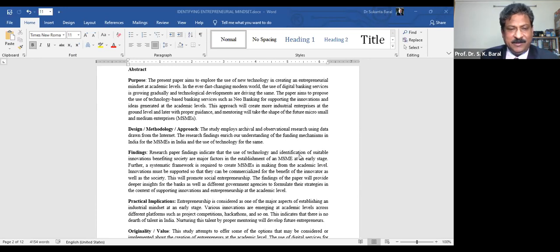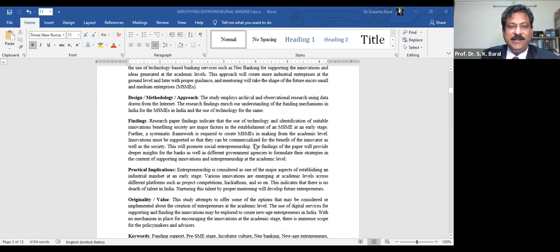And findings I have written, you see, findings. The research paper findings indicate that the use of technology and application of suitable innovation befitting society are major factors in the establishment of MSMEs in early stage.